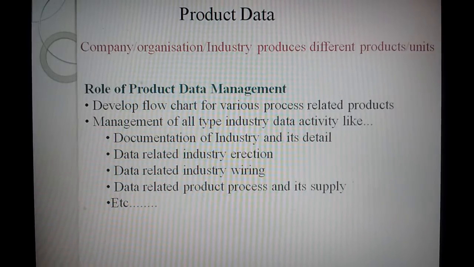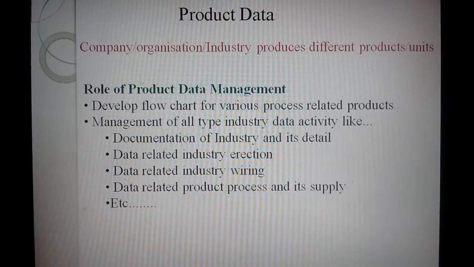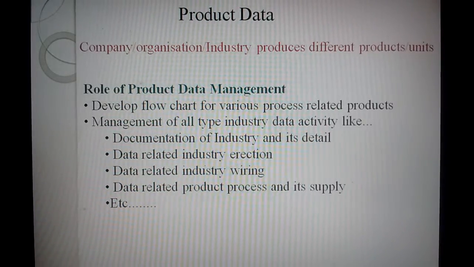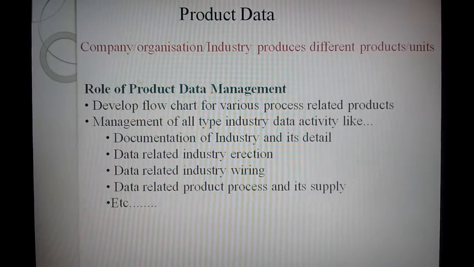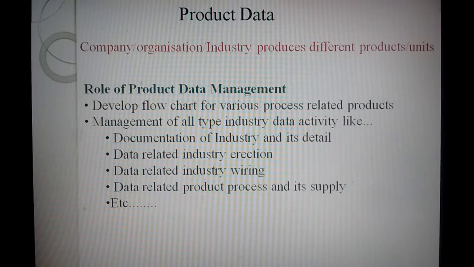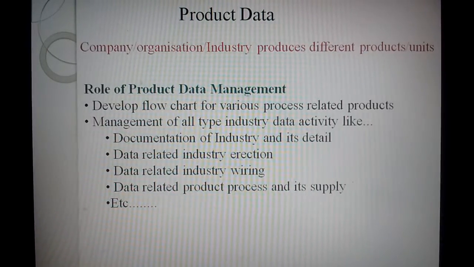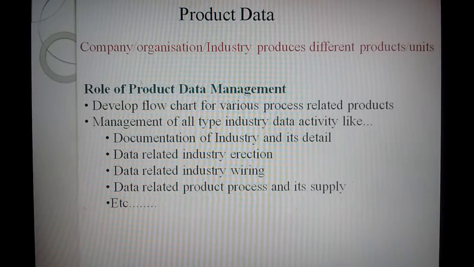The role of product data management for any industry is to develop the flowcharts for various processes related to the product. There are a number of products available in society. For example, take our institute library, or the medicals.